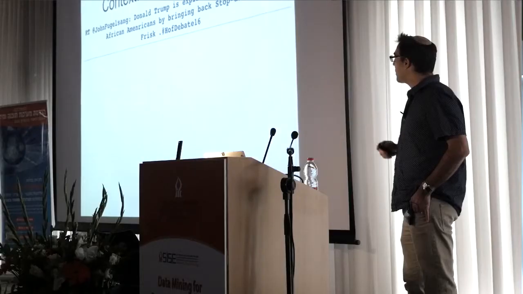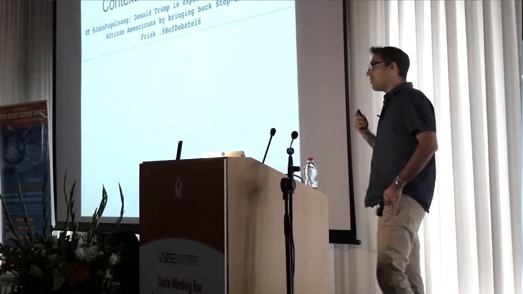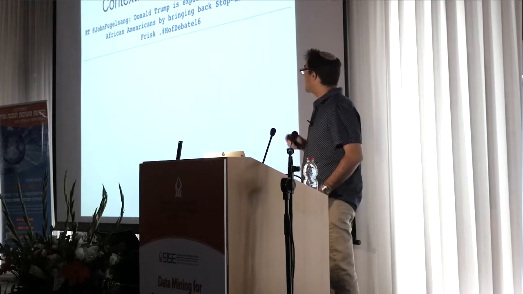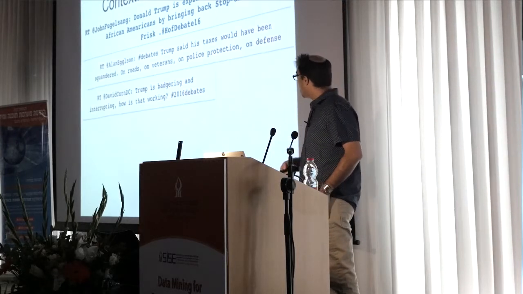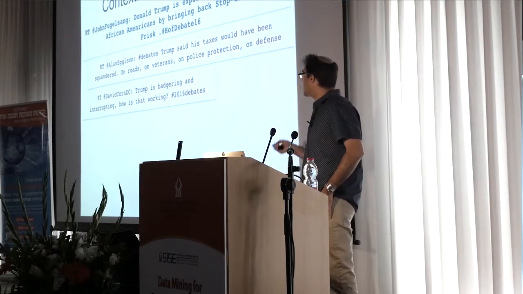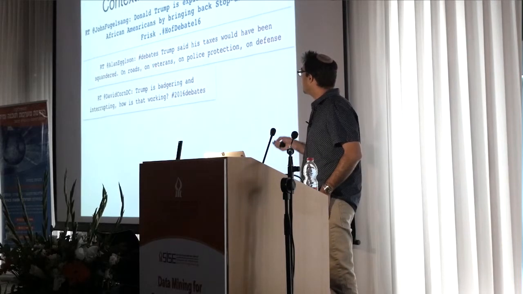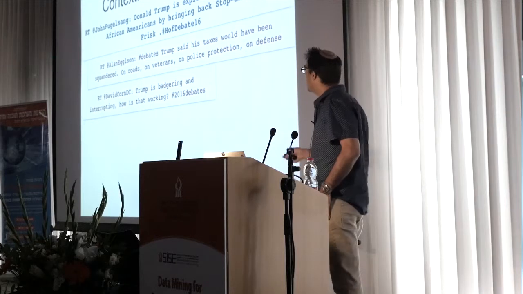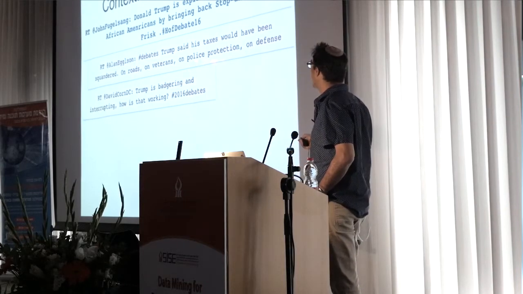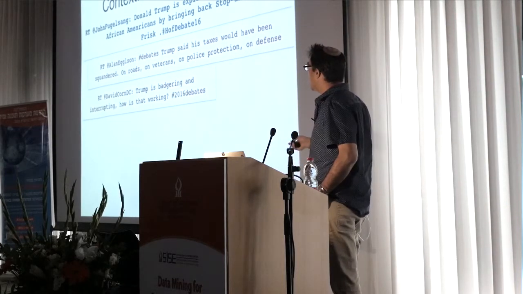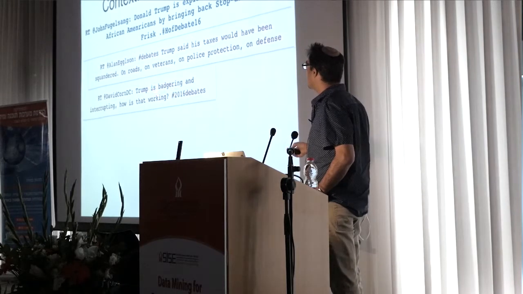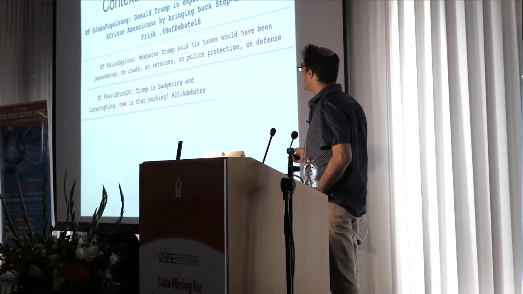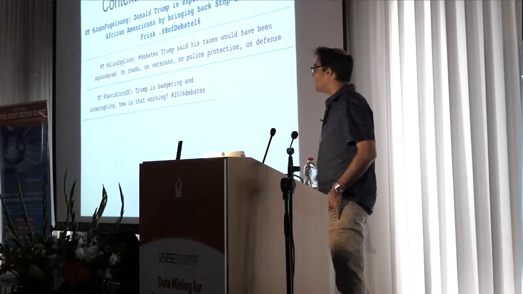So I'm going to give you another context. You could think of the context not as what I know about the person, but look at his previous two political tweets. So here he says, again in one debate, Trump said his taxes would have been squandered on roads, on veterans, on police protection, on defense. And this political tweet: Trump is badgering and interrupting. How is that working? From different debates.